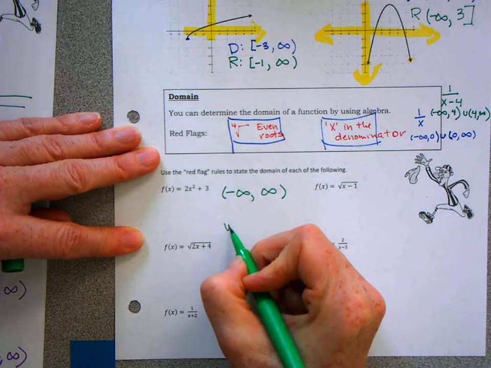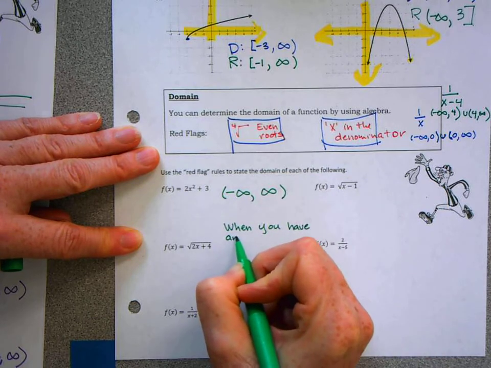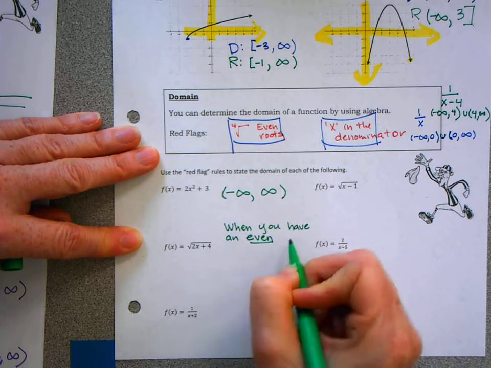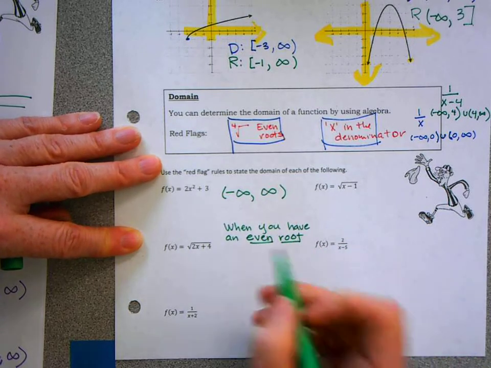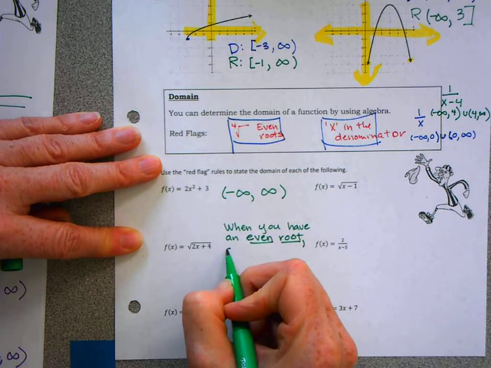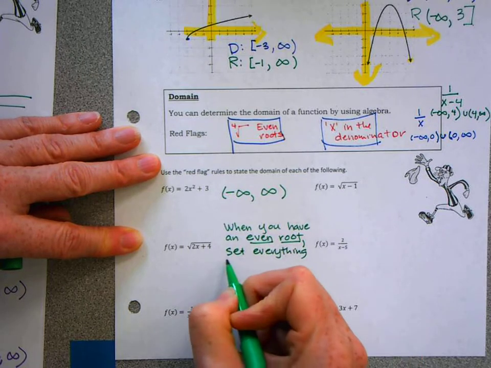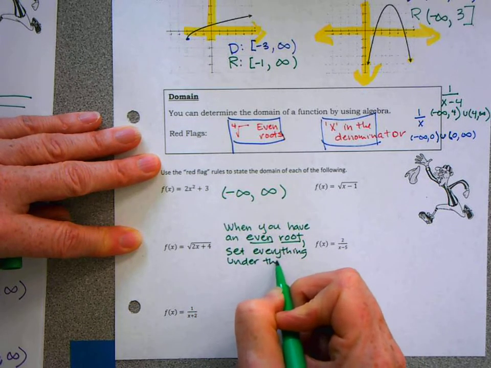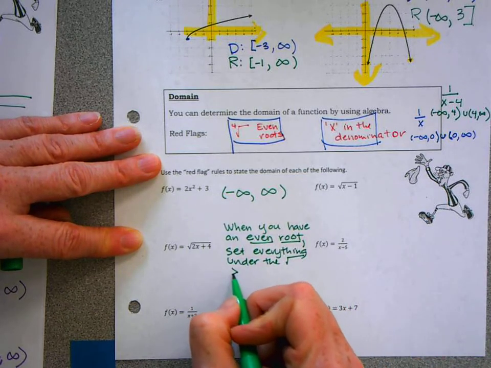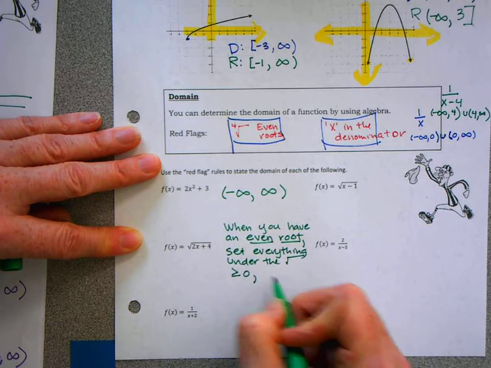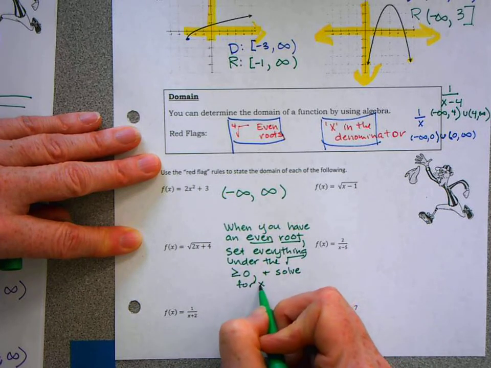When you have an even root, that's a flag, and what you do is set everything under the radical sign greater than or equal to 0, and solve for x.